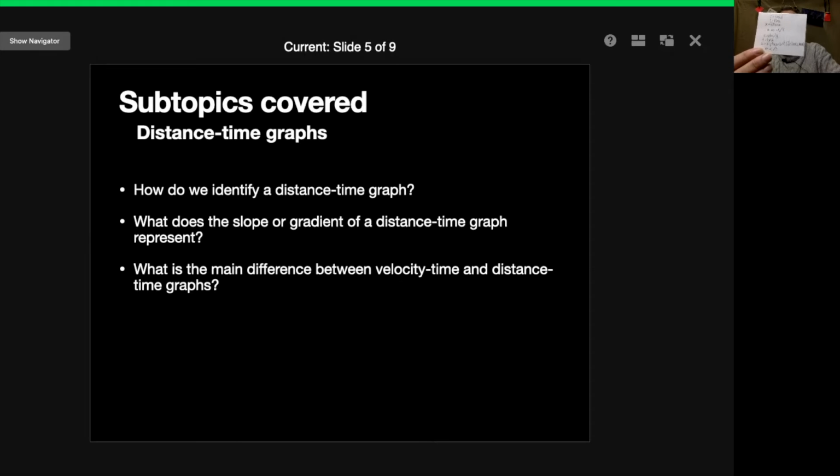So distance is missing out of this equation here. And therefore, velocity time is the distance traveled over a specific period of time. And if we have a distance time graph, then this will be the velocity, which is represented by the graph.